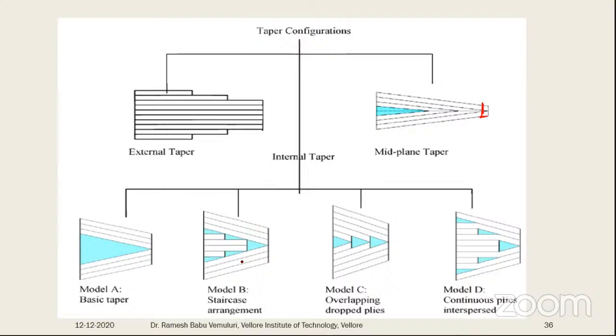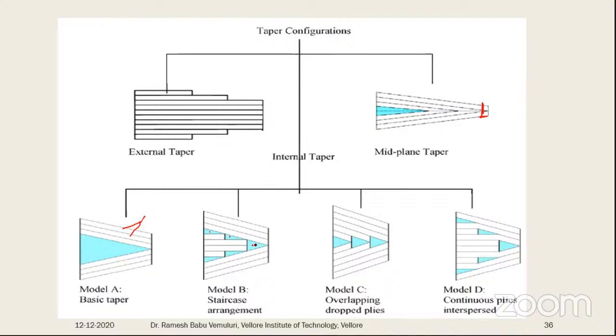That's why we go with these internal tapers. There are four different models. The first is called the basic taper, where this white one is the fibers, and these colors are the matrix material.